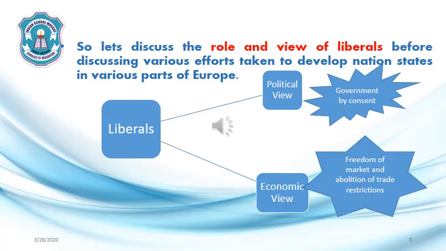Okay, that was one of the views. And the second view was the economic view. What was this economic view? Freedom of market and abolition of trade restrictions. So free movement of goods, services and capital within the territory. Now, why should we refer to this freedom of market or free movement of goods or capital?